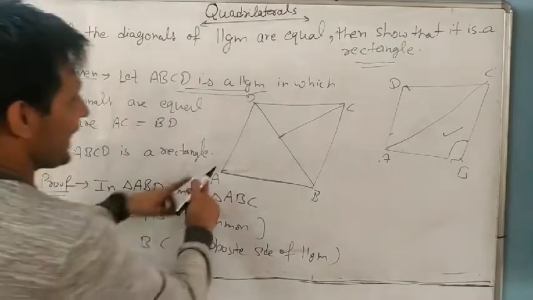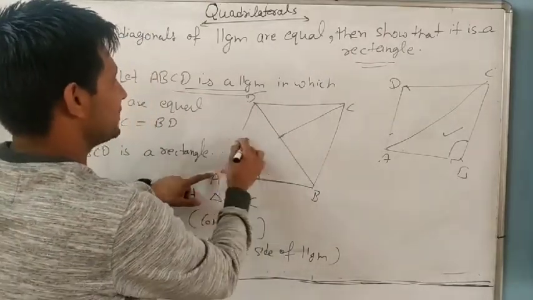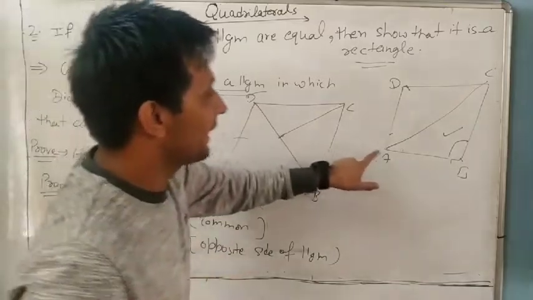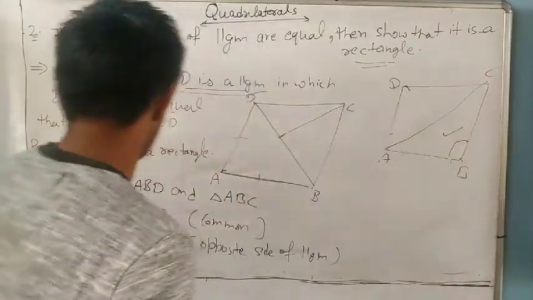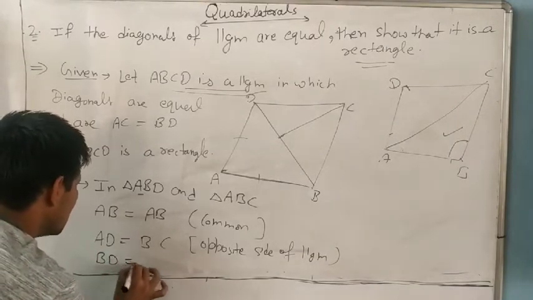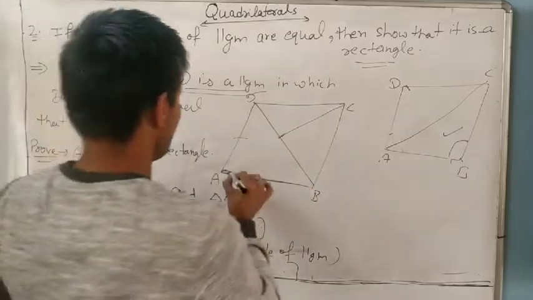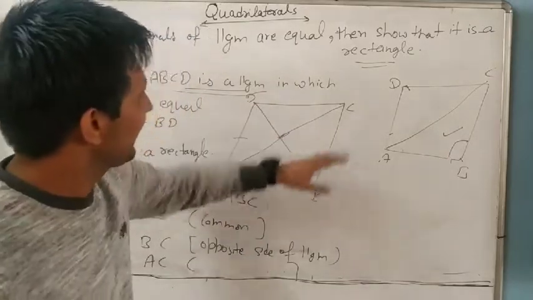Next, in triangle ABD, AB is already finished, AD is finished. What remains? BD. And here remains AC. Can you say that BD equals AC? Can you say that BD and AC are equal?